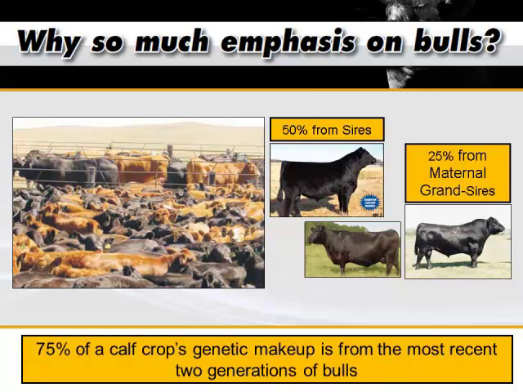Now, I assume that most of you are at least vaguely familiar with expected progeny differences. Would that be the case? True? Now, while we have to use our eyes to exercise good cowboy common sense for selecting bulls for some visual traits like structural soundness and so forth, we use EPDs to select for things like ease of calving, growth, maternal traits, as well as carcass merit.